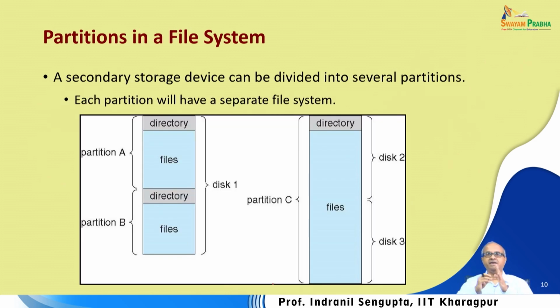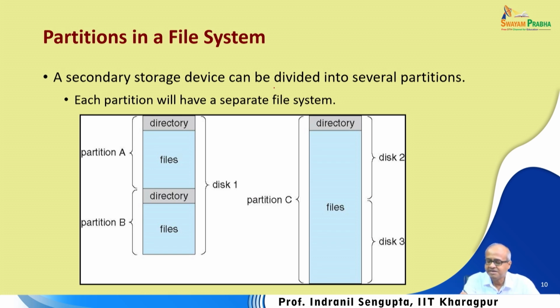Now, another thing, let me tell you, this was important. Some of you may be knowing that when you have a hard disk in a system, normally the hard disk is divided into several partitions. When you divide a hard disk into partitions, each of the partitions will be running a separate file system.